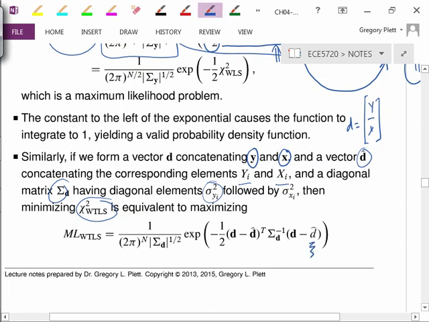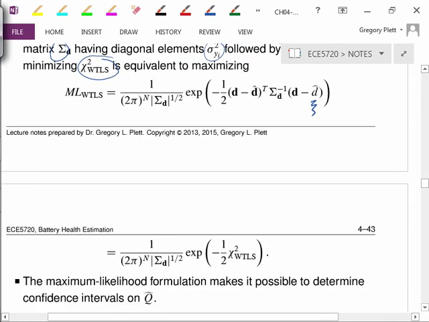That should be bold-faced there. So in both cases, we can show that minimizing least squares is the same as maximizing this likelihood function.